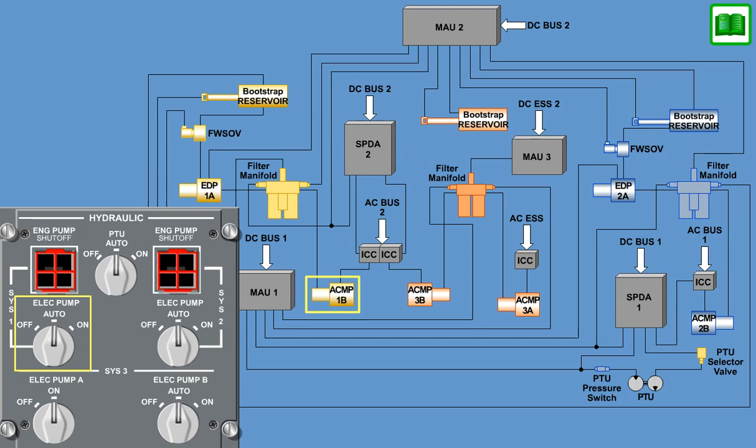ACMP 1B will be turned on when EDP 1A is not operational. ACMP 2B will be turned on when EDP 2A is not operational. ACMP 3B will be turned on when ACMP 3A is not operational.